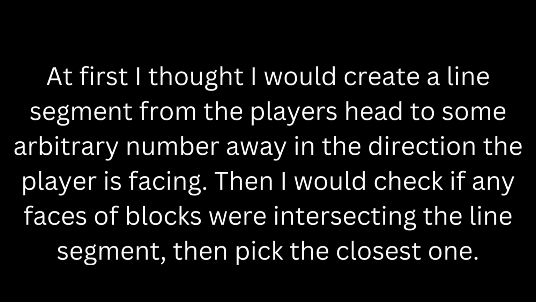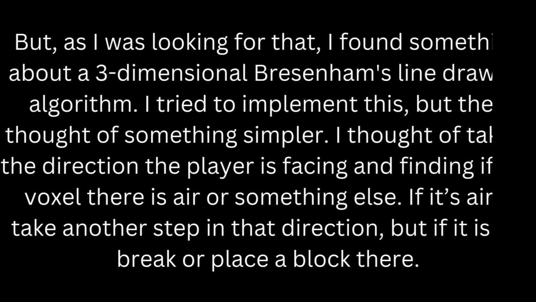So, yeah, this is how I'm adding, breaking and placing blocks. I was thinking of using this Bresenham line drawing algorithm, but in 3D, and then using that to raycast into the terrain.